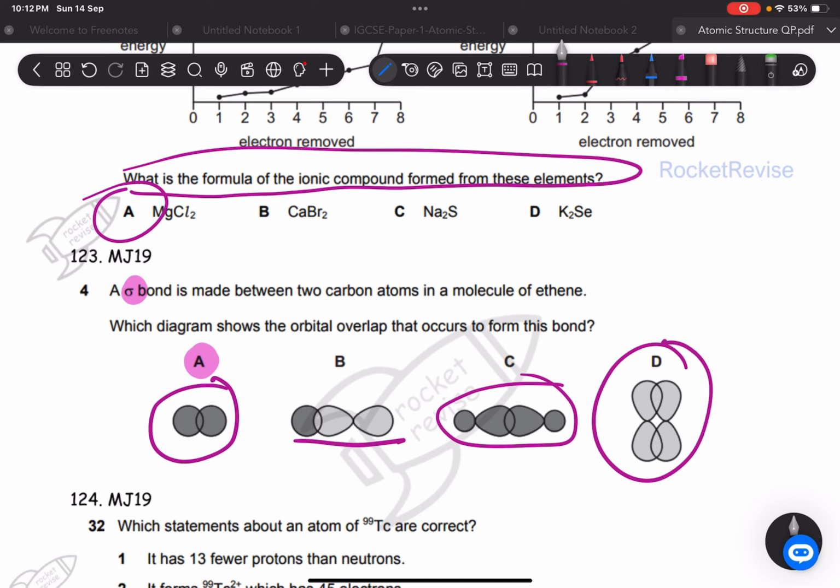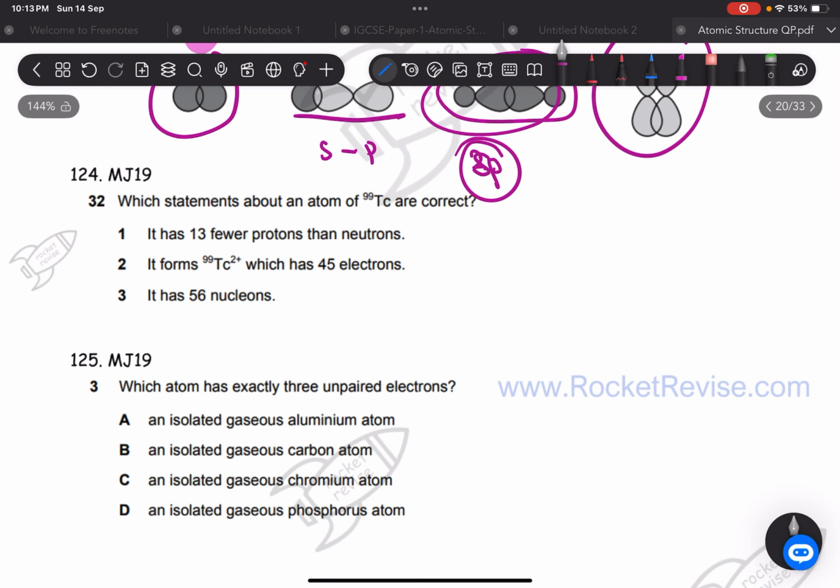Yeah, this shows a hybridized orbital, and this is an S and P overlap. And this one is SP hybridized orbitals.